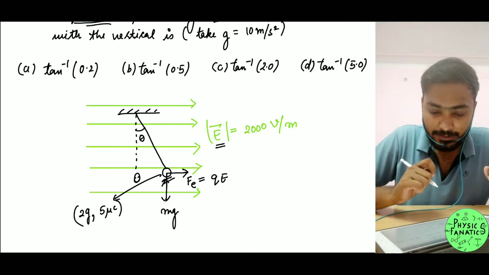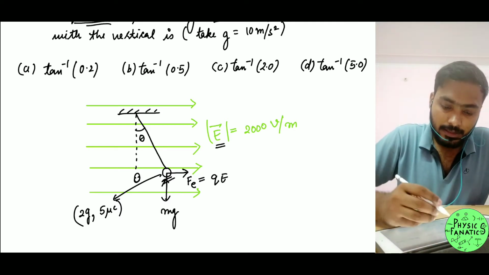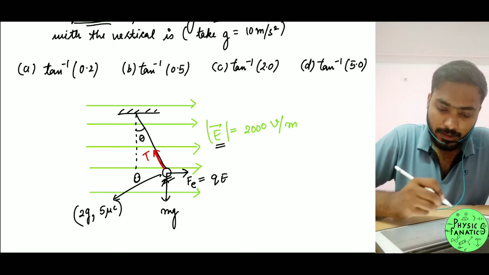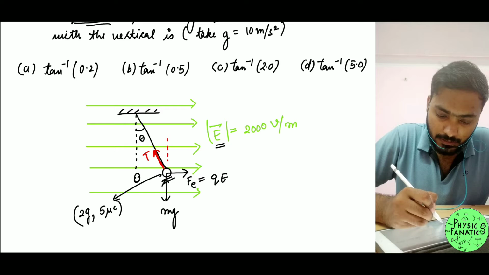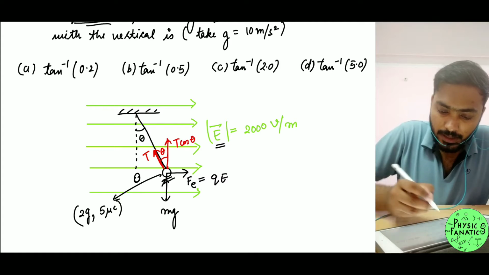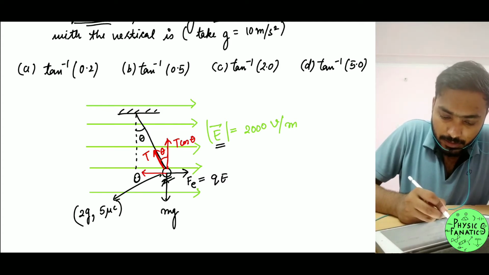Then because of the string there will be a tension, and the tension, with this angle also theta, will have components: t cos theta and t sin theta.